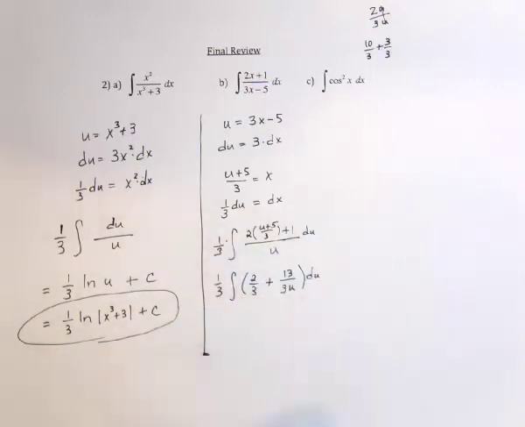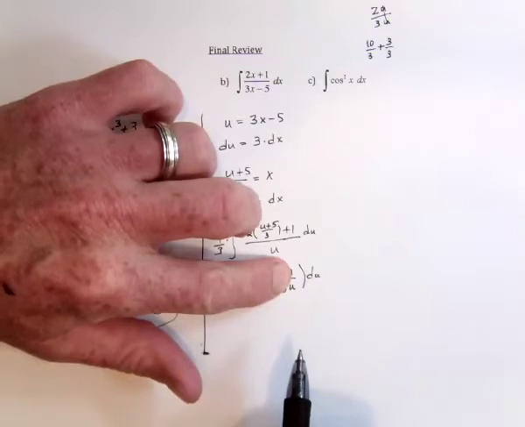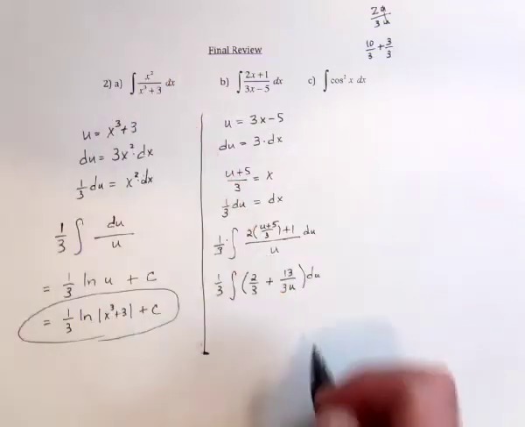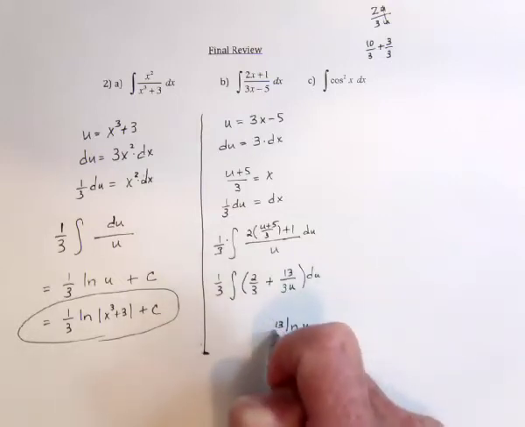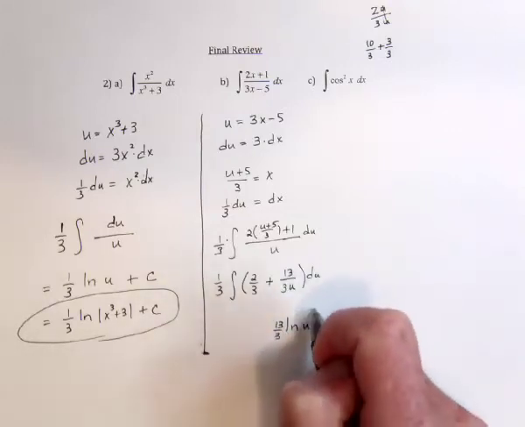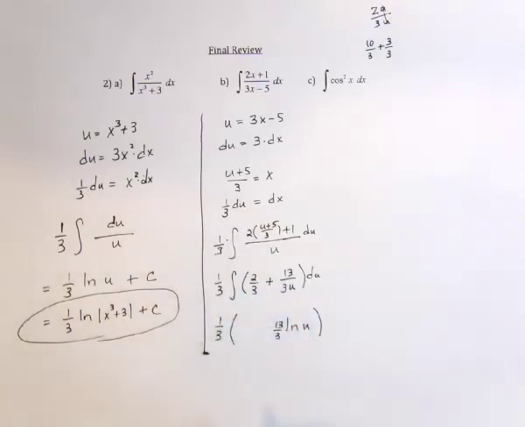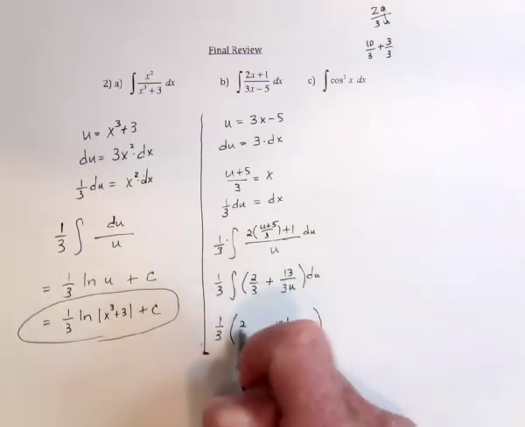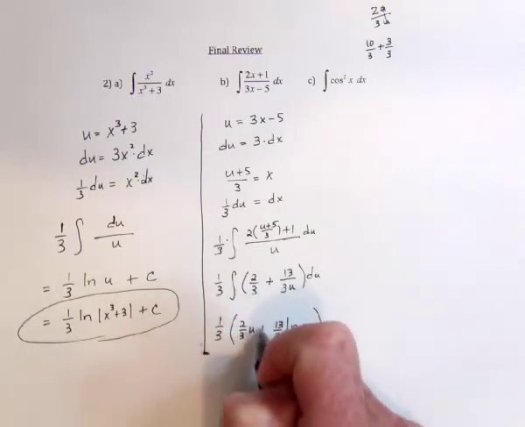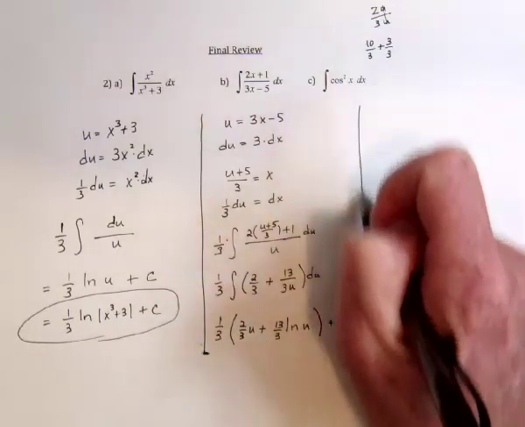Okay, then just integrate these two. So this one is essentially like 1 over u, or du over u. That's natural log of u. And then the constant 13/3 would just be in front. And then integrating this one with respect to u would be 2/3 u, and then plus a constant of integration.